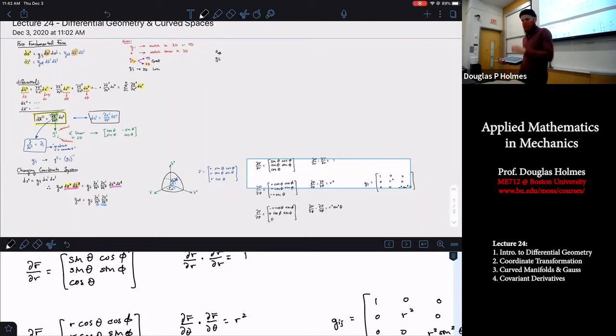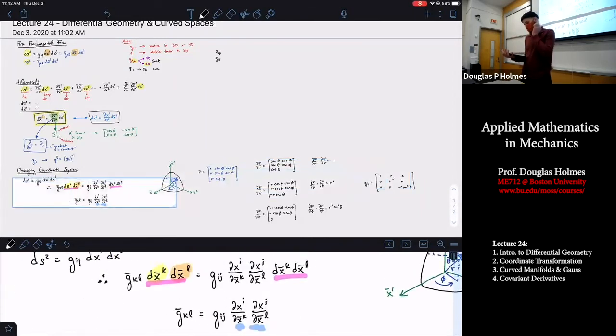When you change the coordinate system, before you drew out the axes, where you define g bar KL, are the superscripts interchangeable?